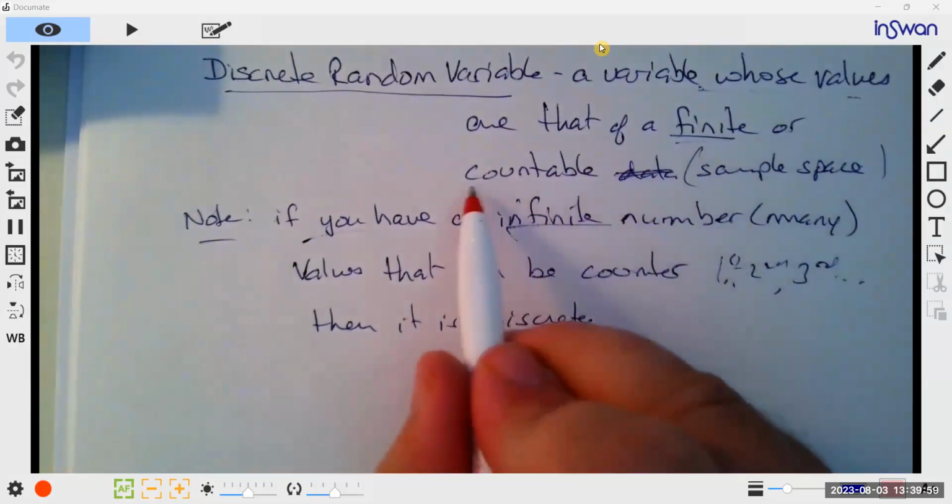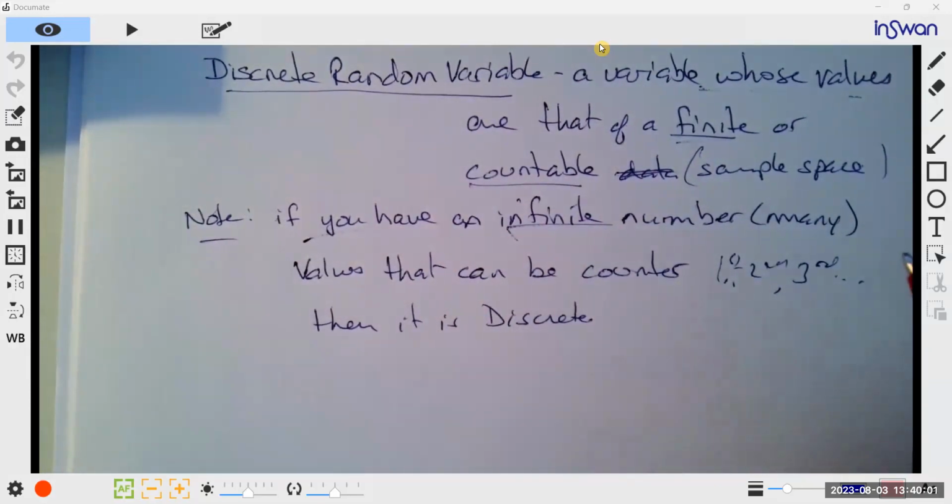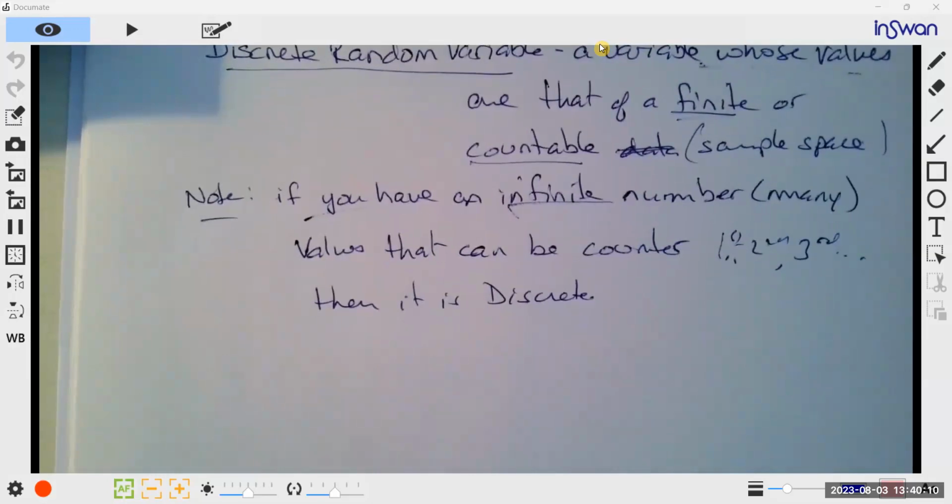So basically it's countable. That's really what you look for. If you can associate the number of variables or each variable with a number, then it's countable.